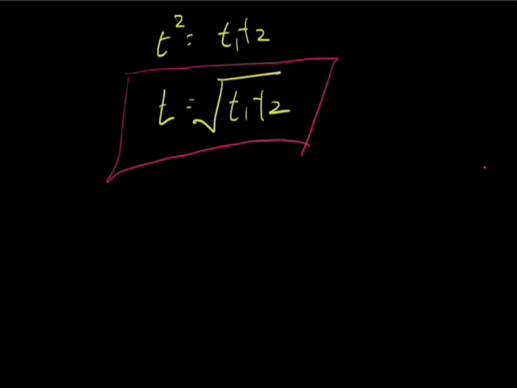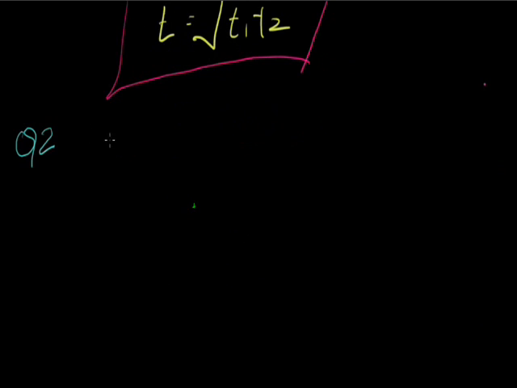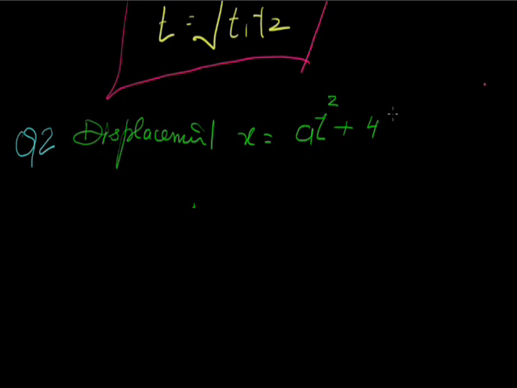Now come to the next numerical. The displacement x is equal to 2t square plus 4t plus 10.